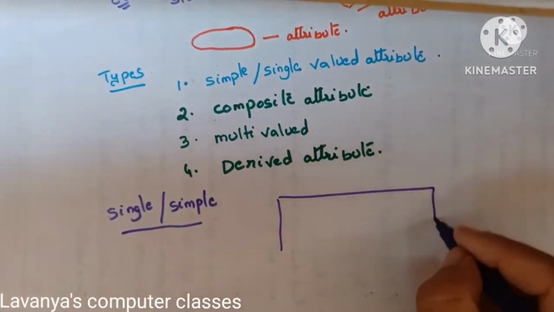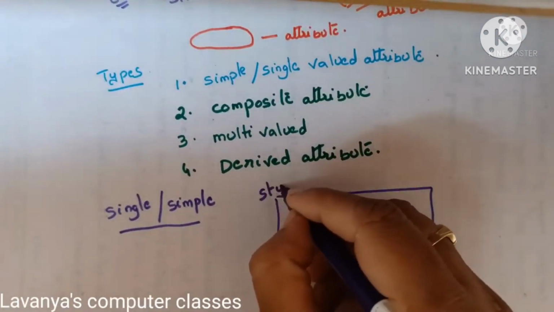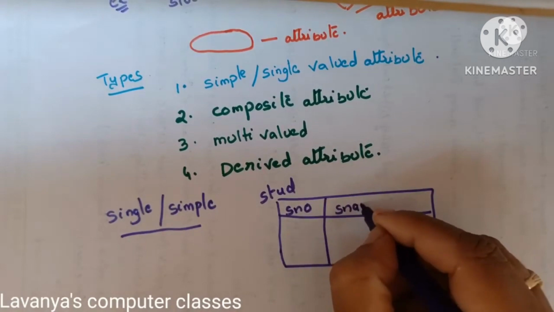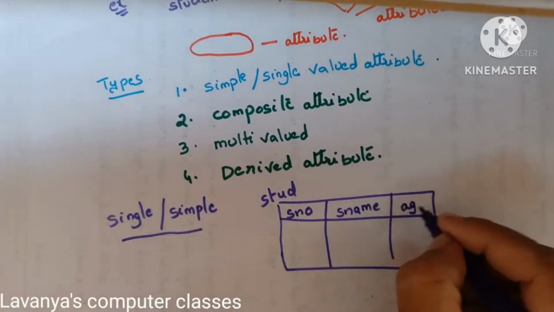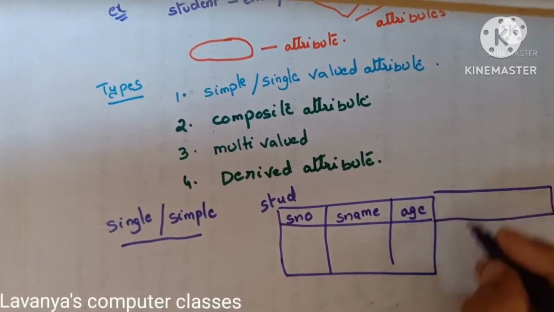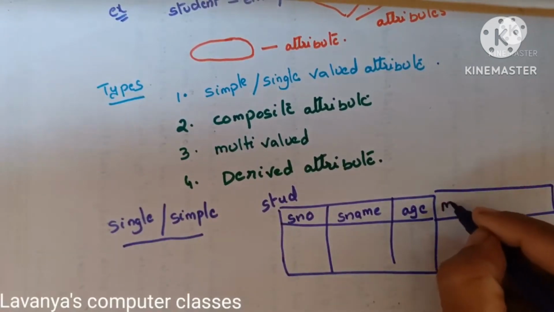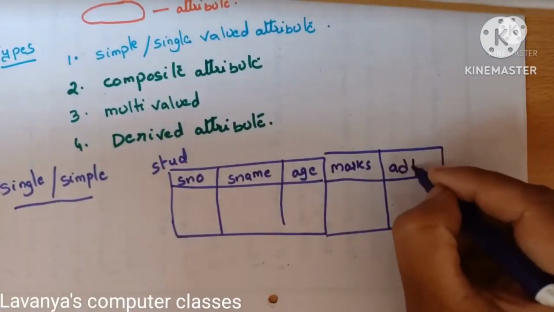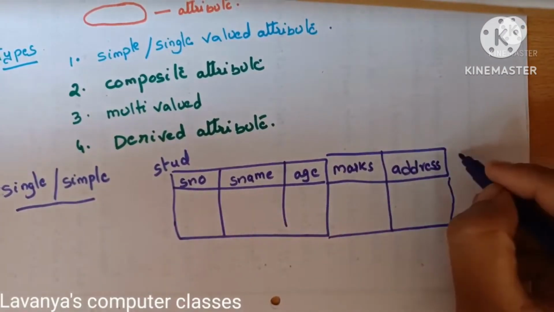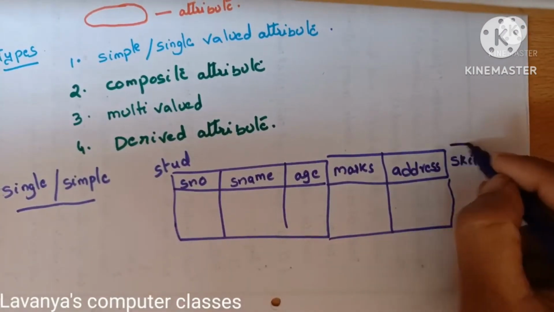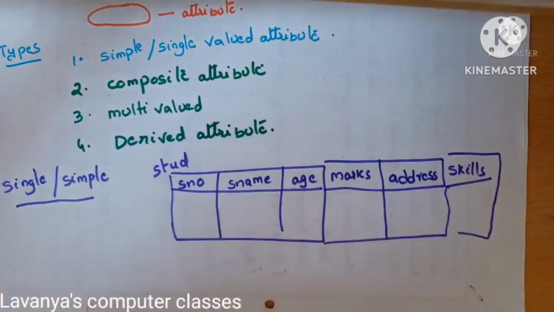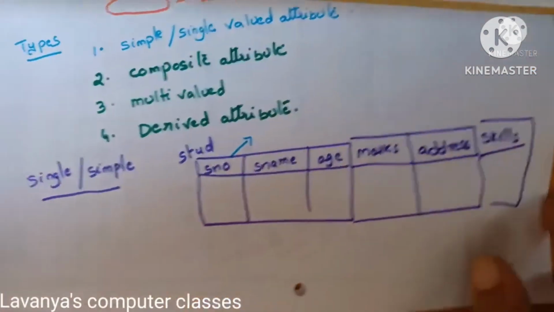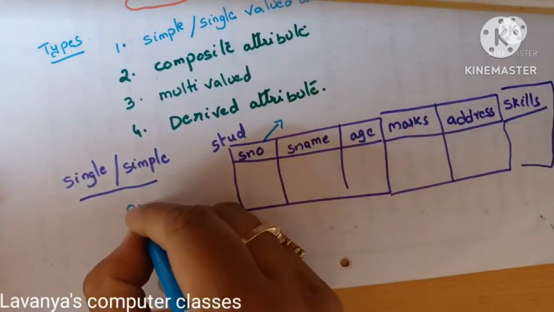Single valued means it takes only a single value at a time. Simple means the attribute is not possible to divide into subparts. For example, take a student entity set with some attributes like serial number, student name, age, marks, address, skills. A collection of entities is known as an entity set.